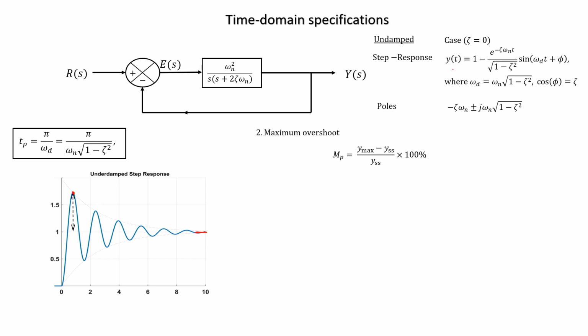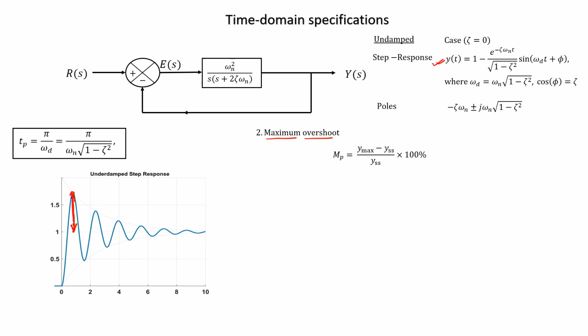Why is it the steady state value? Look at the output expression. If you do limit of t tending to infinity y(t), you will get 1, because this part will go to 0. This we have talked about earlier also. So, the steady state value of the output is 1. Now, from the steady state value, how much it is going up, the maximum that it is going up, overshooting, that is why the name is maximum overshoot.